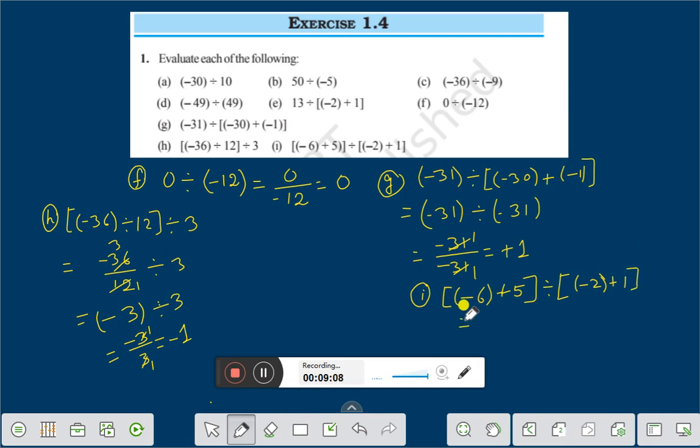What you are getting, here you see, minus 6 plus 5, 1 is plus, 1 is minus, therefore you have to subtract 5 from 6, it is 1, and which one is greater? 6 is greater, therefore the sign is minus, minus 1, divided by, 1 is minus sign, 1 is plus sign, therefore you have to subtract 1 from 2, that is 1, and 2 is greater than 1, therefore it will be minus. That is minus 1 divided by minus 1, and minus divided by minus is equal to plus, therefore the answer is plus 1, right?